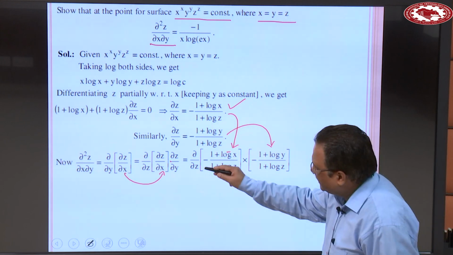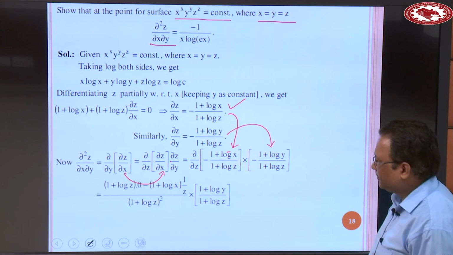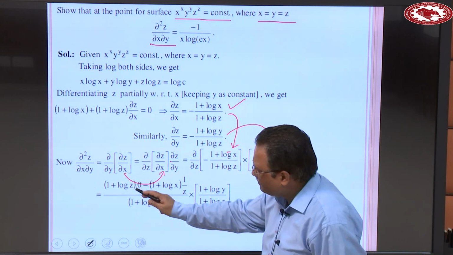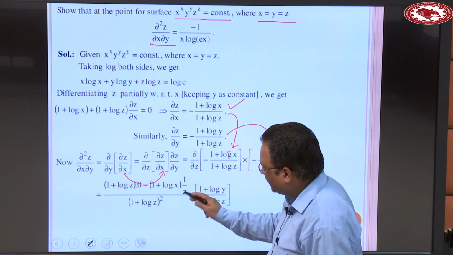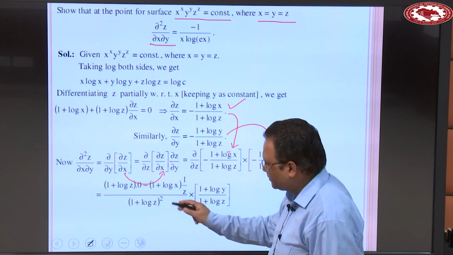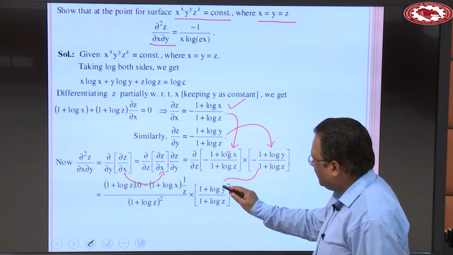Now, calculate this bracketed function. So, when you calculate (1 plus log z) times 0 minus (1 plus log x) times 1 over z, divided by (1 plus log z) square, into this term as it is.